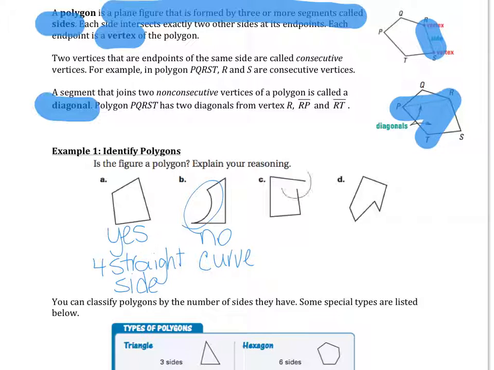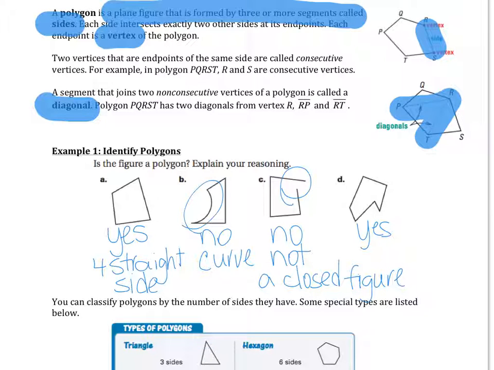In C, it would not be a polygon because it's not a closed figure. It has to be a closed figure. And in D, yes, we have 6 straight sides.